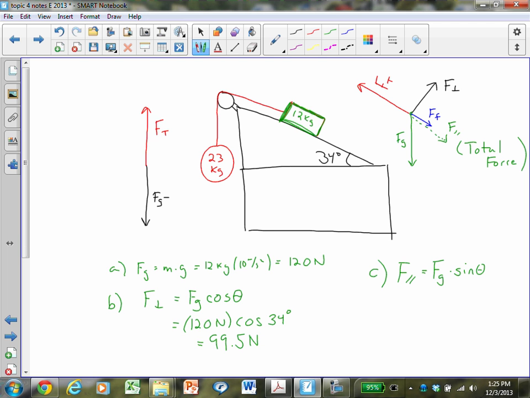Fg was 120 newtons, sine of 34 degrees, which is 67.1 newtons.